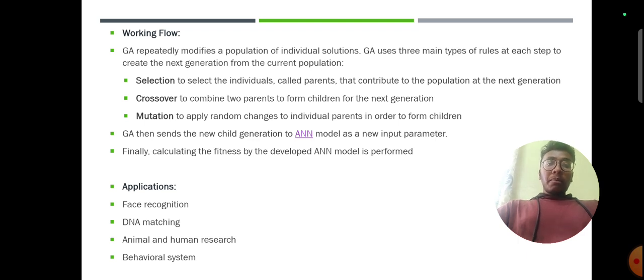Crossover combines the parents to form children for the next generation. Mutation applies random changes to the individual parents in order to form children. GA then sends the new child generation to the ANN model as a new input parameter. Finally, calculating the fitness by the developed ANN model is performed. So the applications of this are face recognition, DNA matching, animal and human research, and behavioral systems.